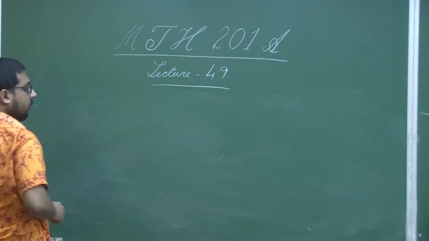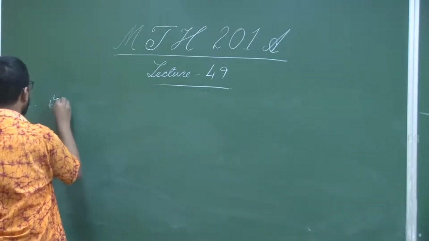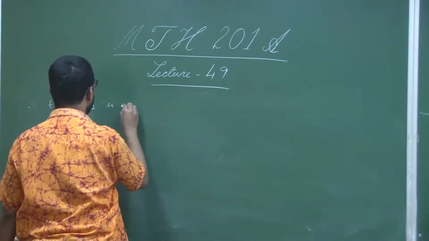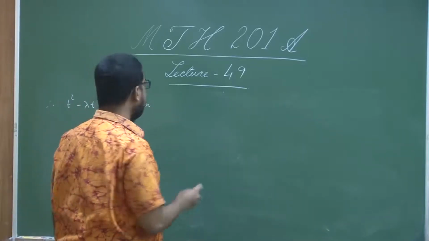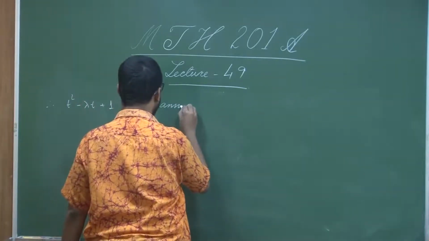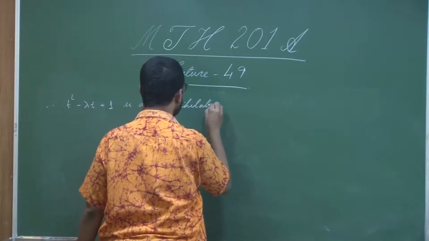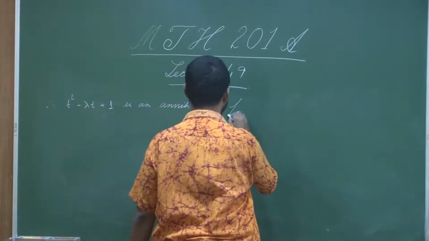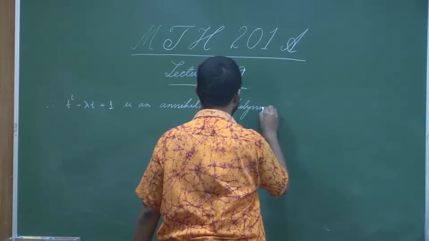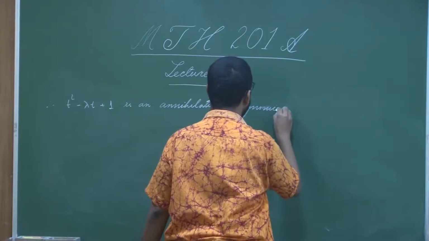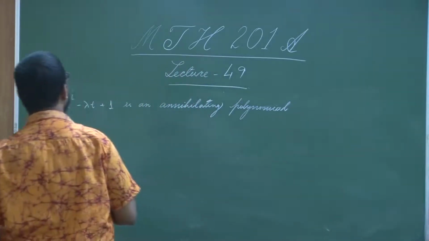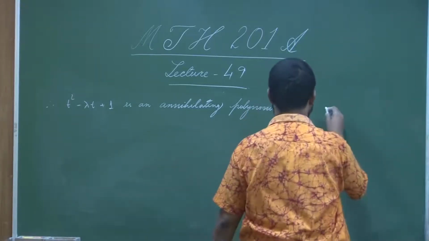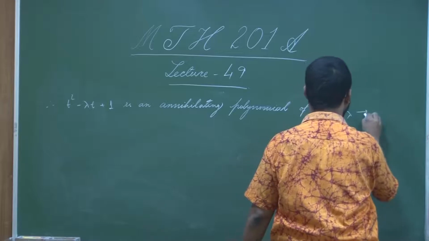T square minus lambda T plus 1 is an annihilating polynomial of the matrix of the operator A restricted to V lambda.